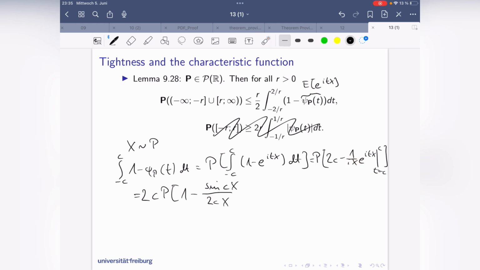And I need to have this 2 times because I have the upper and the lower end of the integral, which means I can just get rid of this 2 here, and that's it.